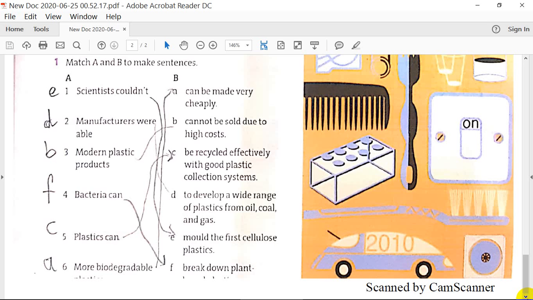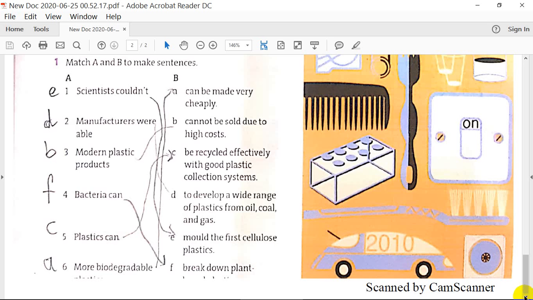C. Plastic can be recycled effectively with a good plastic collection system. More biodegradable plastic, the answer will be A, can be made very cheaply.